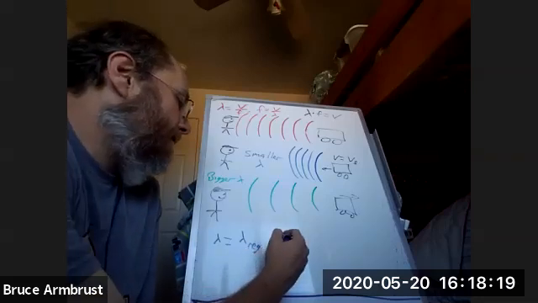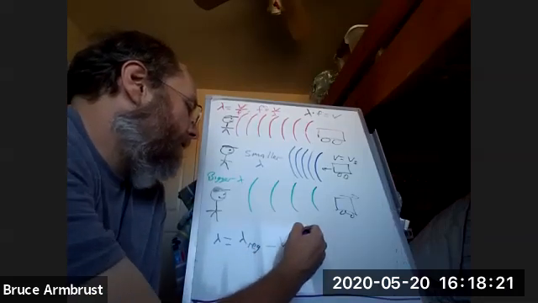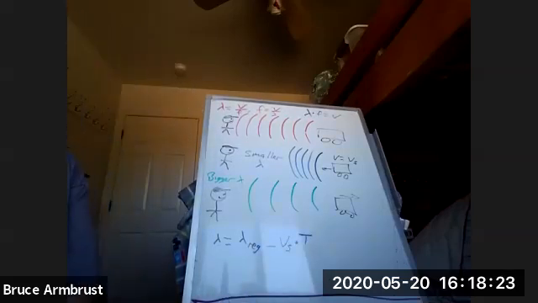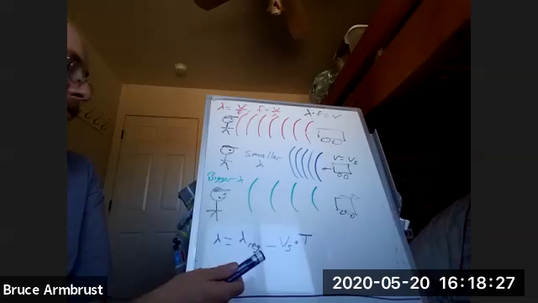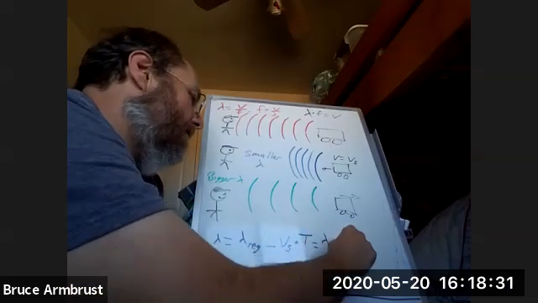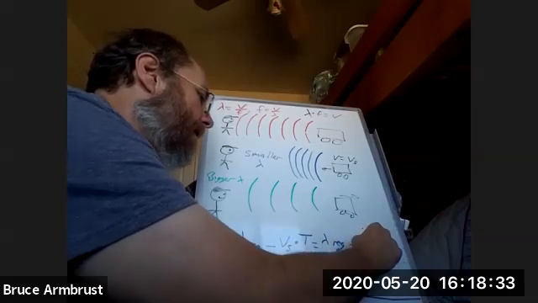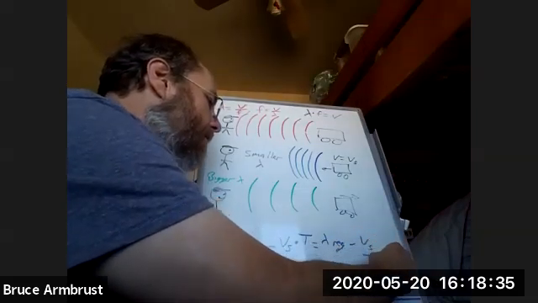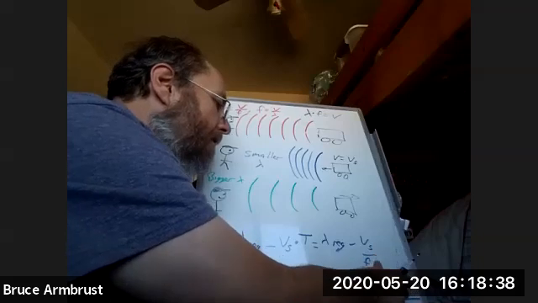That's going to be v sub s times its period. But period is 1 over frequency. So this is going to be our good old regular wavelength minus Vs over frequency.